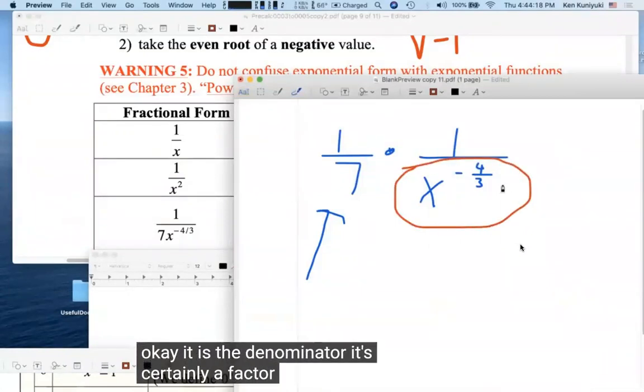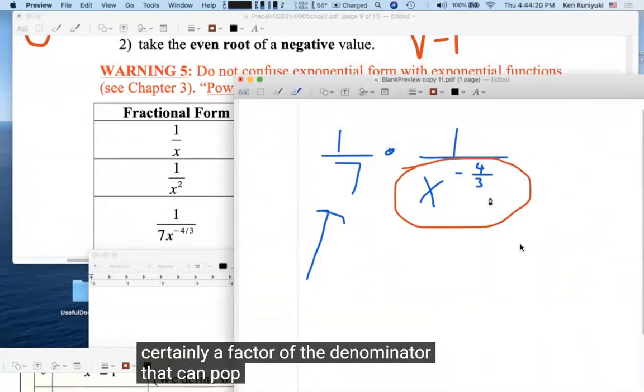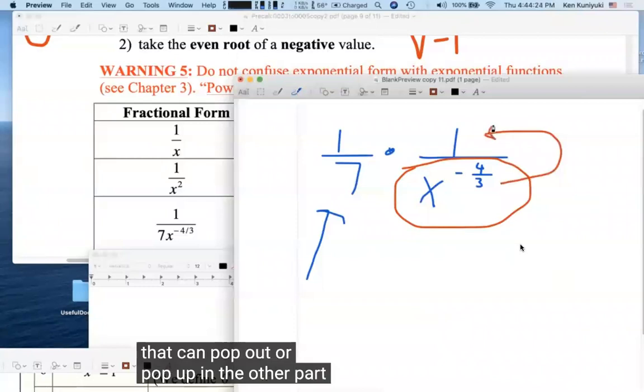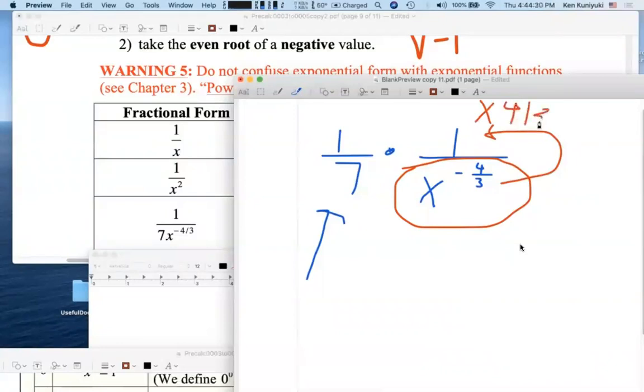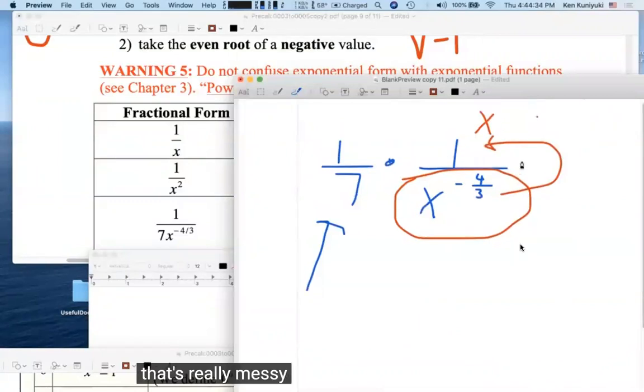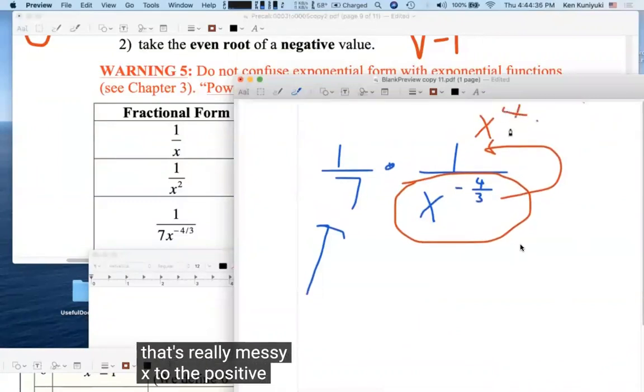It's certainly a factor of the denominator. That can pop up in the other part as x to the positive 4/3.